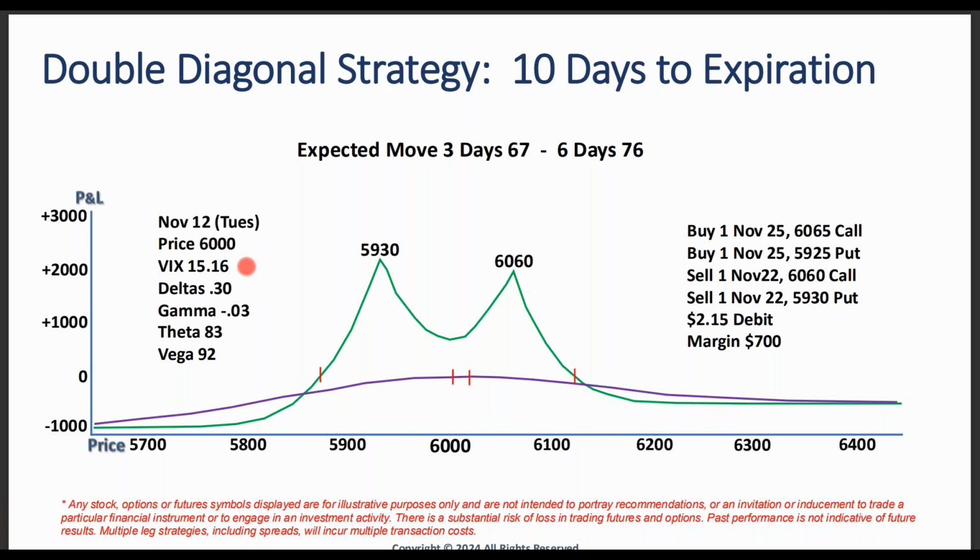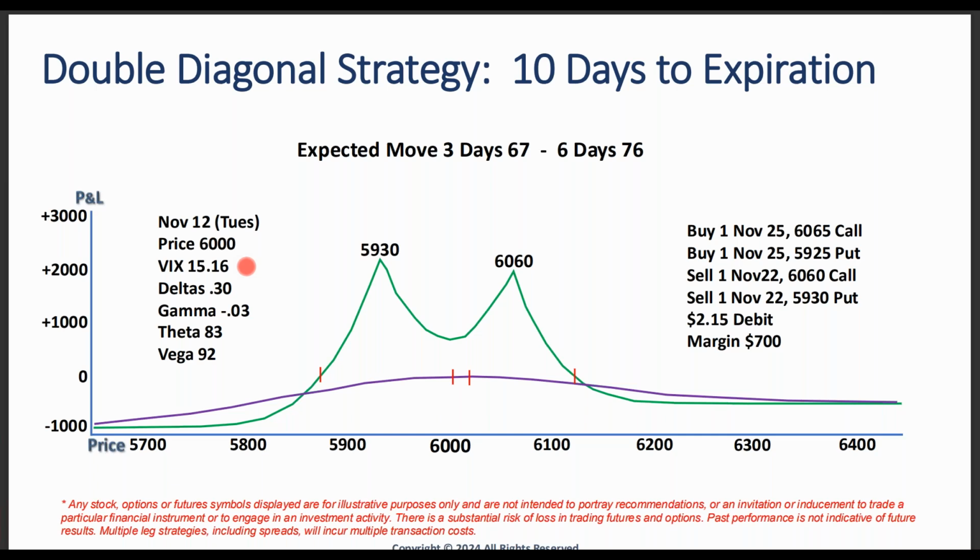If VIX were to get higher, like 17, 18, 19, 20, here's a question to see if you guys are paying attention: what relative of the double diagonal would I do? Iron condor, right? So it's very easy.